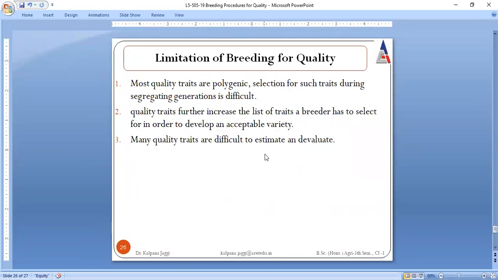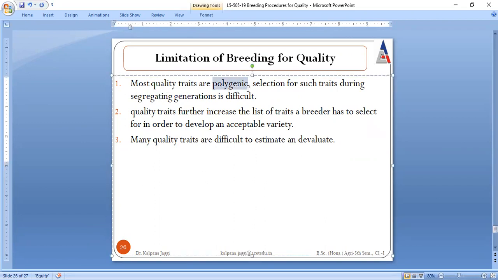The next are the limitations. Many traits are polygenic. That means many quality traits are produced by many genes. In those cases, when we are handling the segregating generation, selection is somehow difficult.